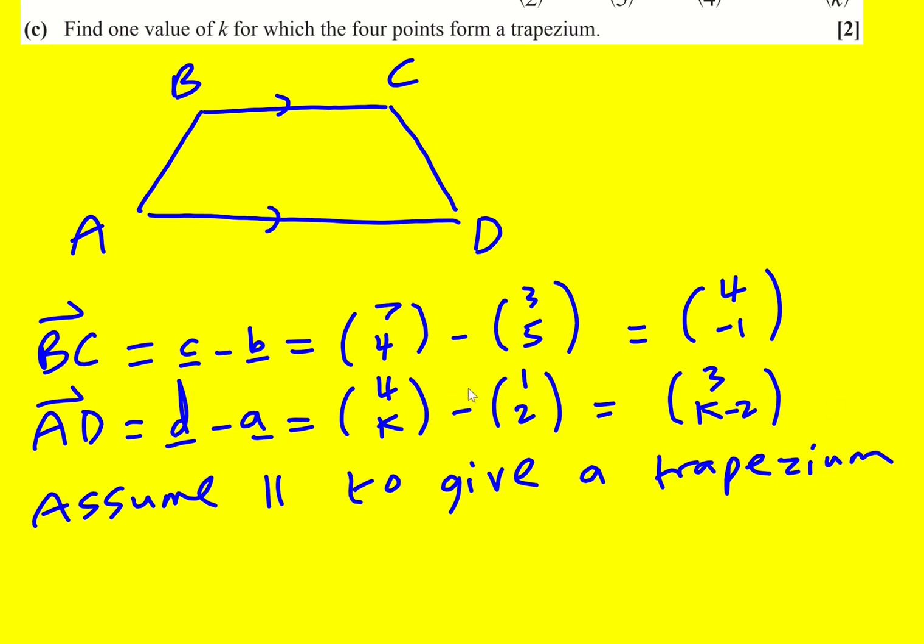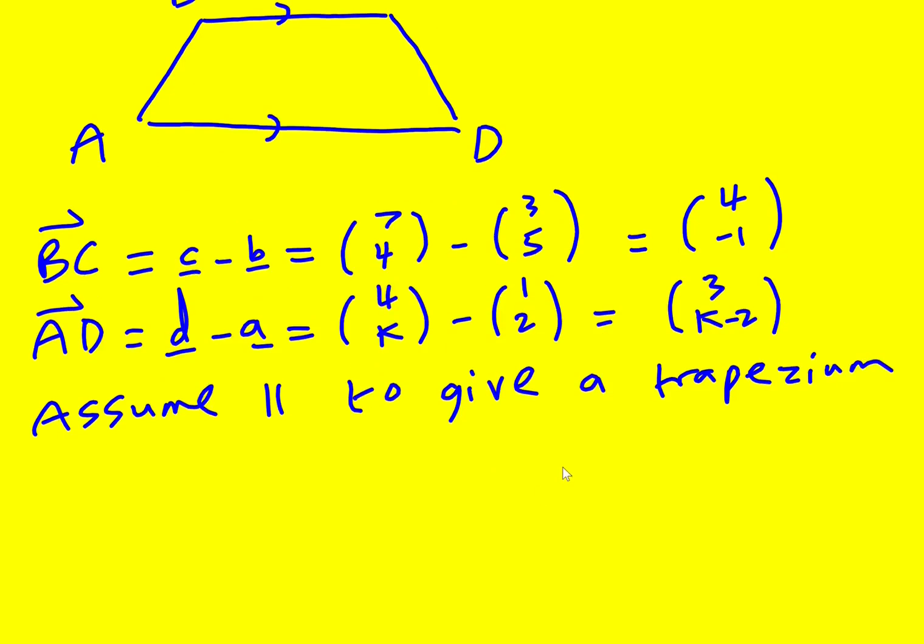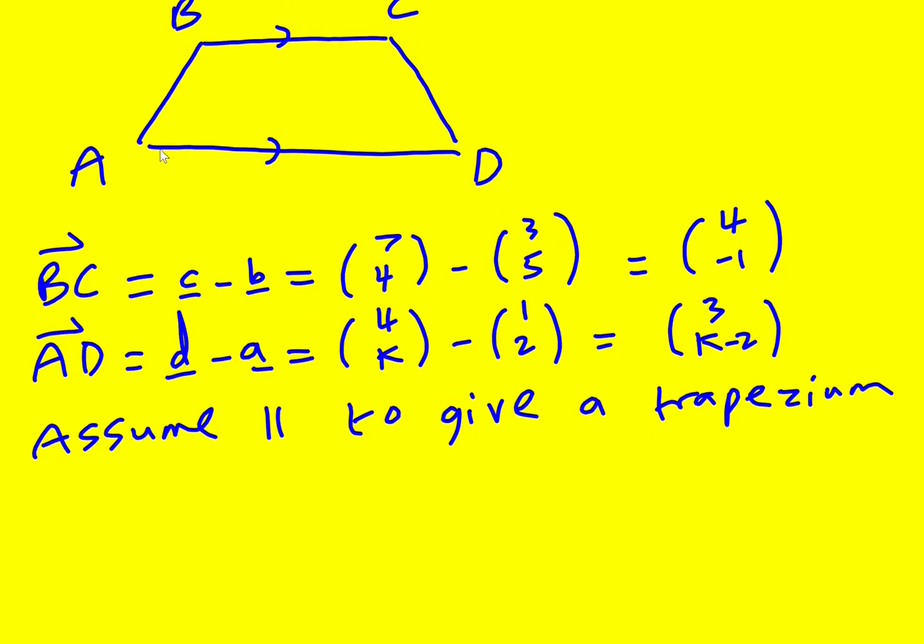So if they're parallel, one must be a multiple of the other one, because they're going in the same direction. And therefore, it must be that 3, k minus 2 is equal to some constant, I might call it p, times 4, minus 1.